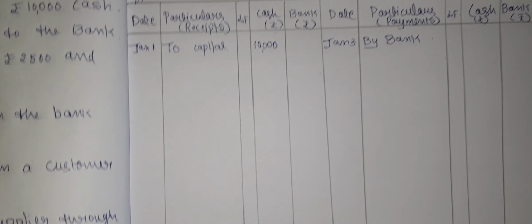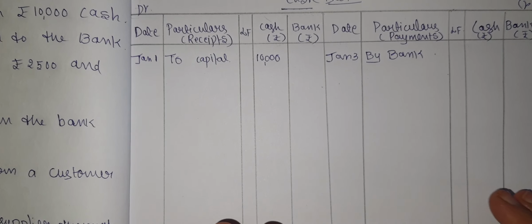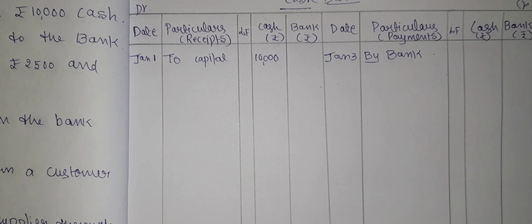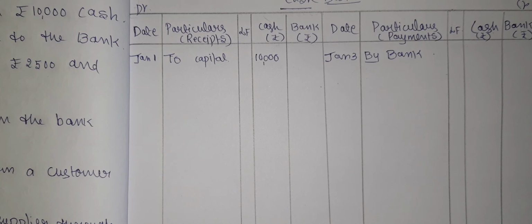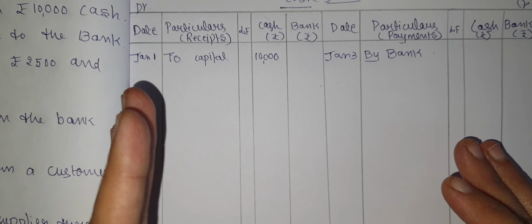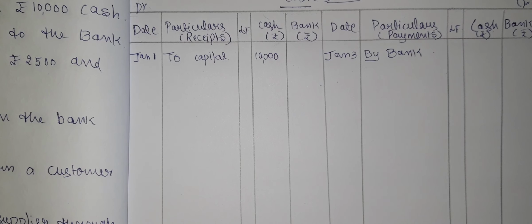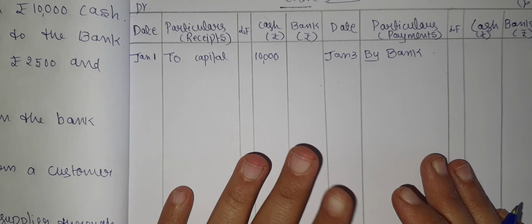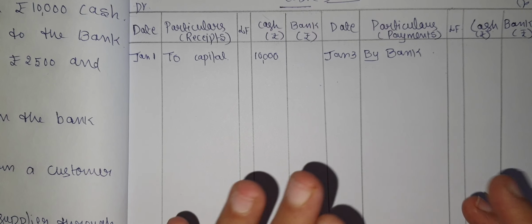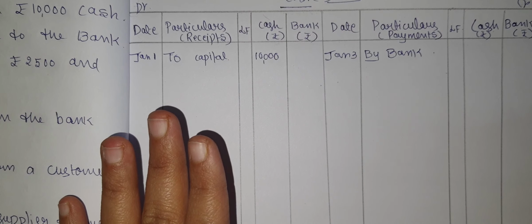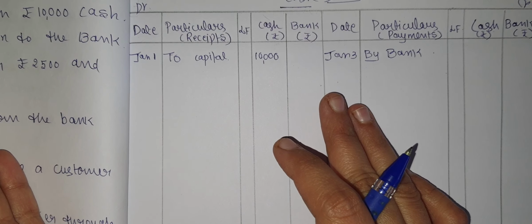Here again the question will arise whether we have to enter the amount in the cash column or bank column. See, when cash is deposited into the bank, the business is transferring money out of the cash account and depositing into the bank account.